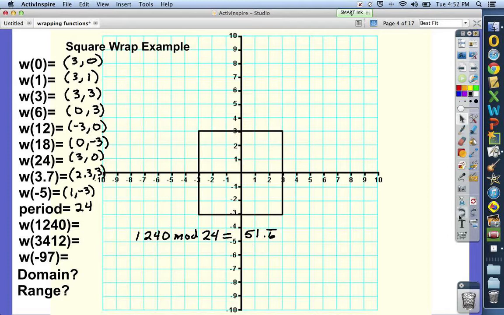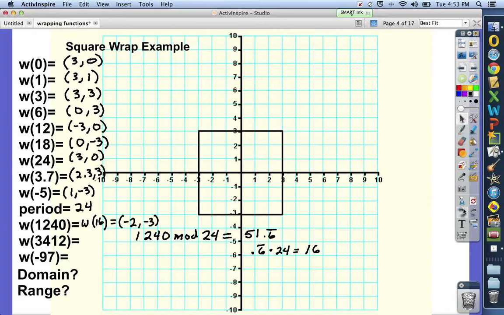So to find the mod number, you simply take 0.6 repeating and you multiply it by the 24, and you now have 16. So to find a wrap of 1240, you really just need to find a wrap of 16. So let's check it out. We knew this was a wrap of 12 over to here, 13, 14, 15, 16, -2, -3.